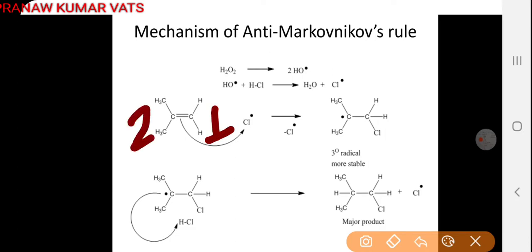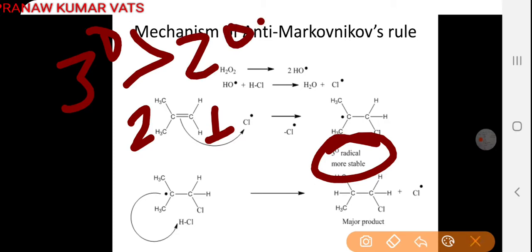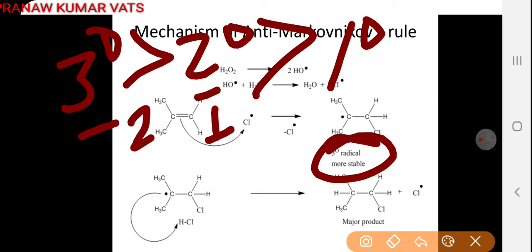Here we are talking about double bonded carbon atoms. So two double bonded carbon atoms are there, 1 and 2. So Cl free radical may go to either of these two double bonded carbon atoms, but when this Cl free radical goes on carbon number 1, it will generate a 3 degree alkyl radical, and we know that like carbocation, it follows the order: 3 degree is more stable than 2 degree and 2 degree is more stable than 1 degree. 3 degree alkyl radical is more stable than 2 degree alkyl radical, and 2 degree alkyl radical is more stable than 1 degree alkyl radical.